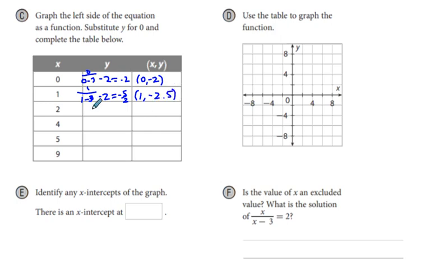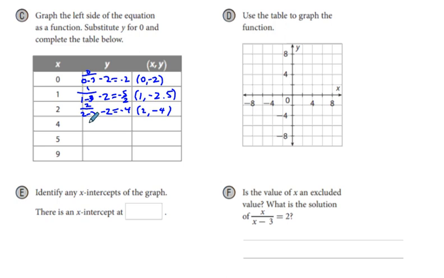And we can likewise do the same for 2. We have 2 over 2 minus 3, minus 2. So we get 2 over negative 1, which is negative 2, minus 2, which is negative 4. So we get 2, comma, negative 4.